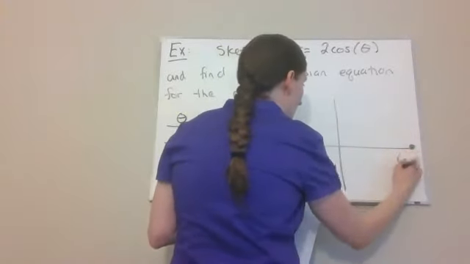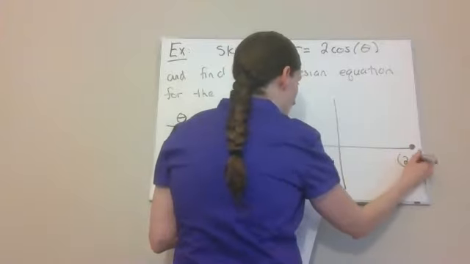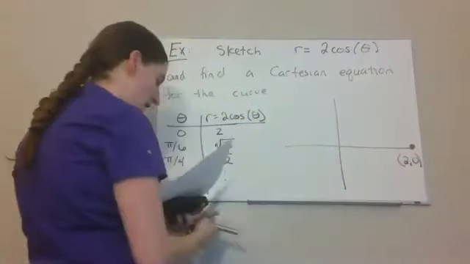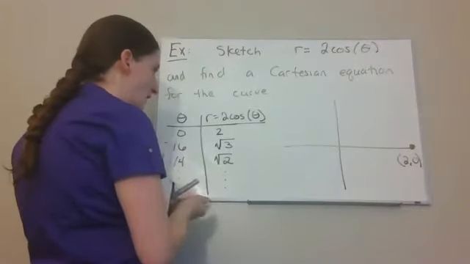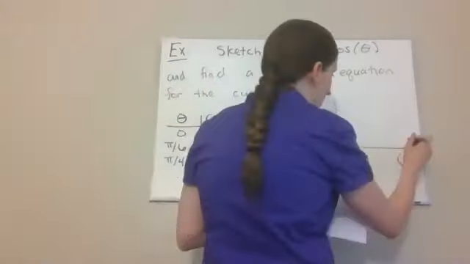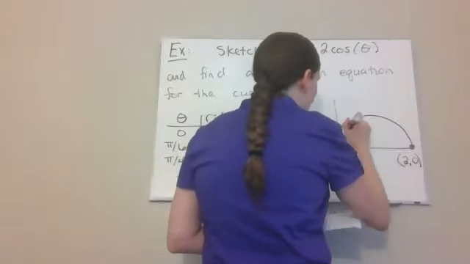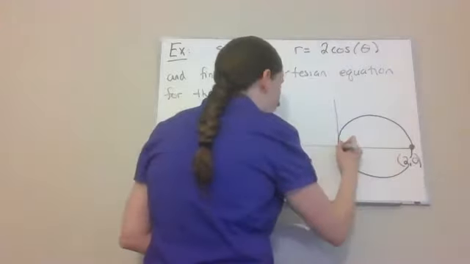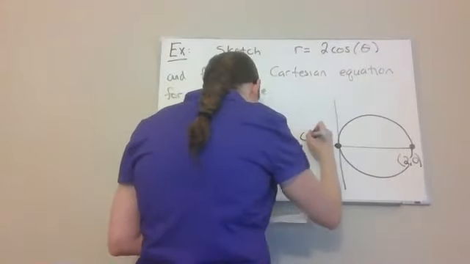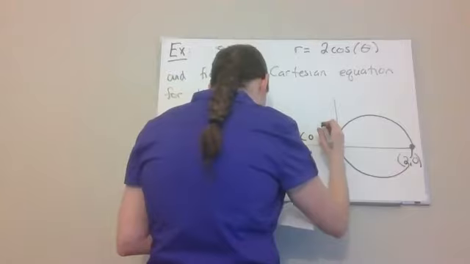So here's my point 2, 0. And if I plot all of these other points going around, you end up with a circle that ends up hitting at my pole. Over here is the point 0 and pi over 2.